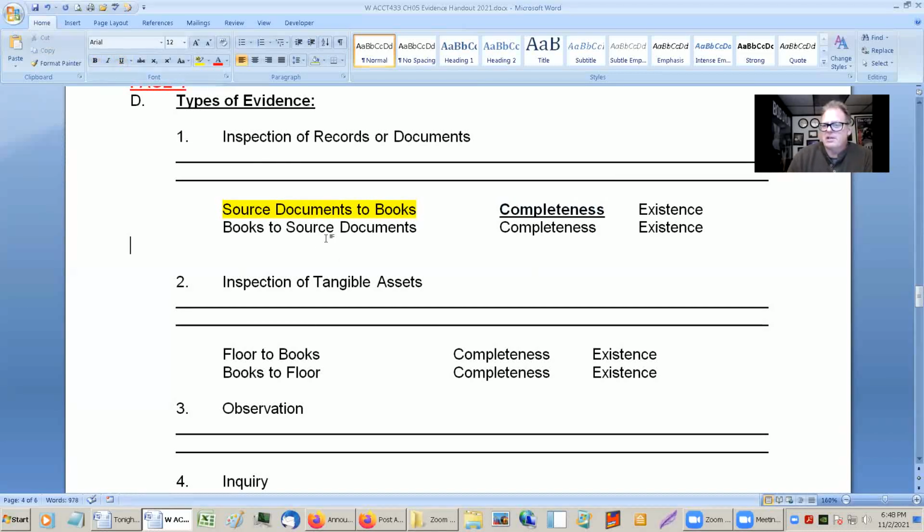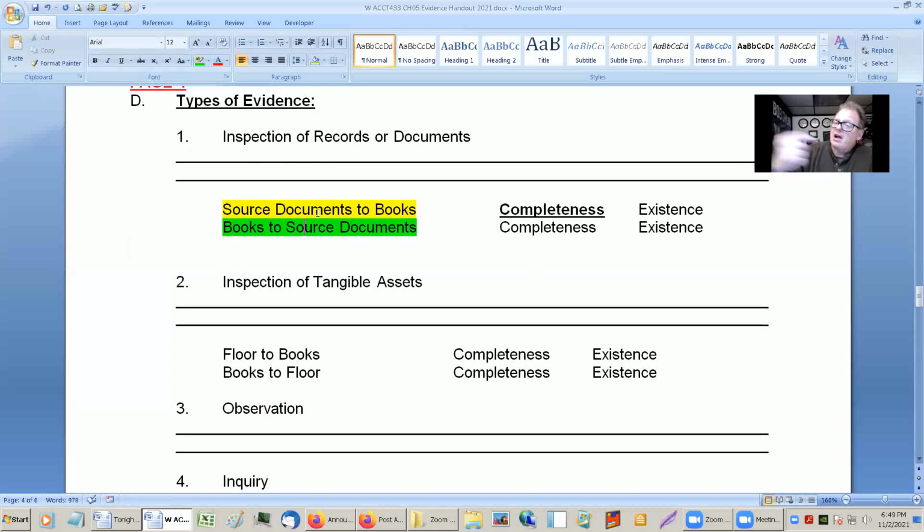So with source documents, you want to see that everything you have in the source documents actually shows up on the books. Well, you can probably guess the other one goes the other direction. You take it to the books and you go, okay, there's a sale here, or it could be a purchase or whatever it is.